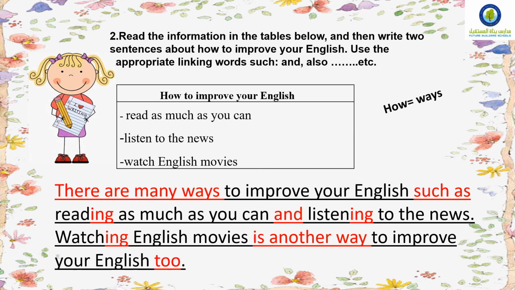Then you add ing: reading as much as you can, and listening to the news. Watch should be watching English movies is another way. Then you complete the title to improve your English too.